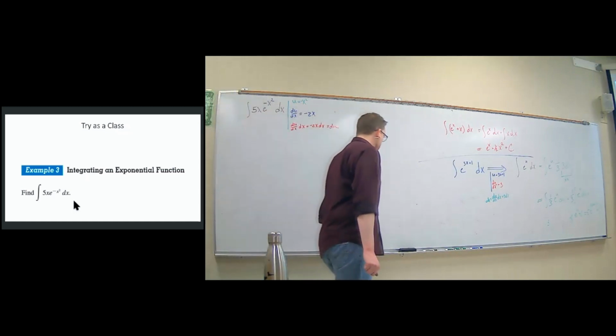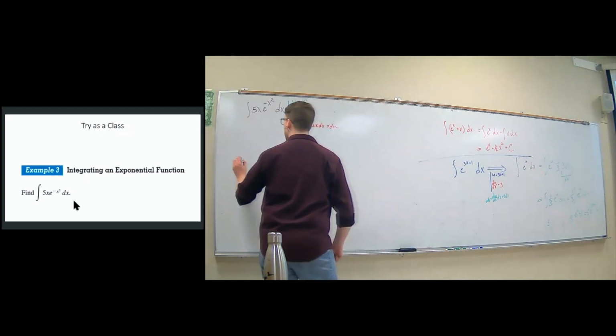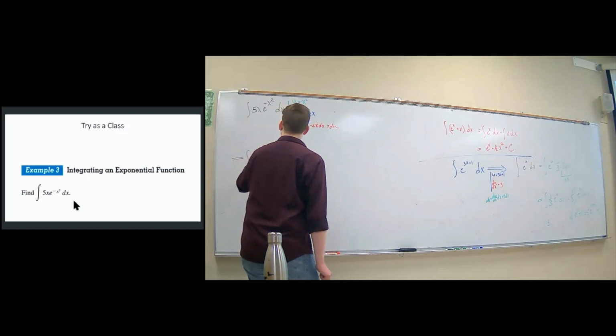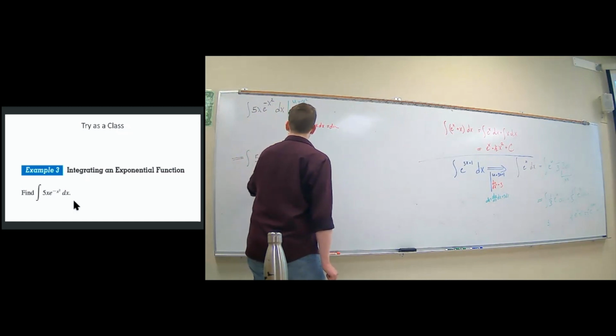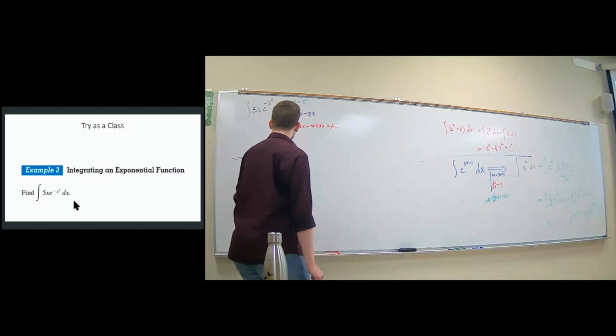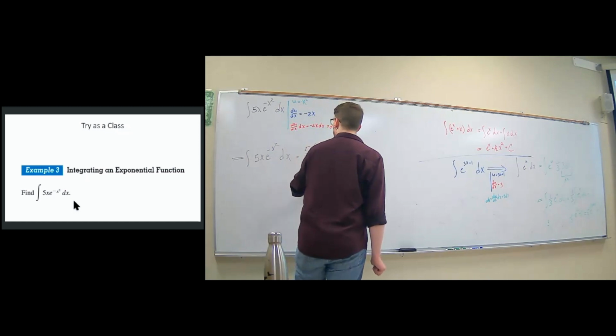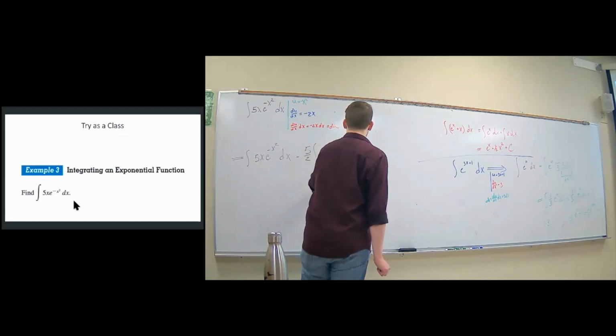So using substitution now, first let's observe that 5 times x e to the negative x squared dx, well, this can be rewritten as 5 over 2 times the integral of 2x e to the negative x squared dx.